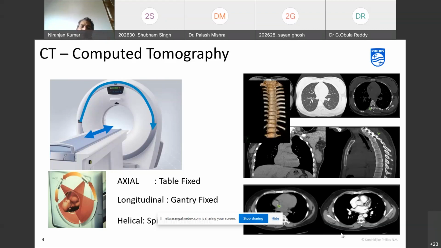Then if the gantry is fixed and the table moves, it's like slicing through the length of the body. That is called longitudinal. There is another type of scan, a full body scan, which is spiral, where the table moves and the gantry moves. You can understand that it is like a spring movement, a spiral movement.